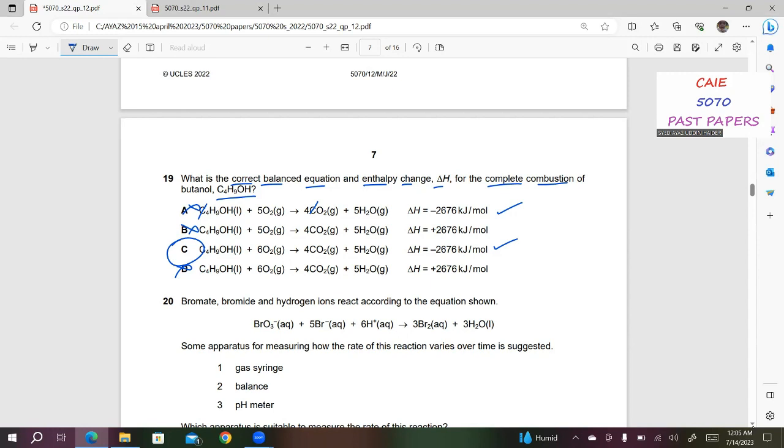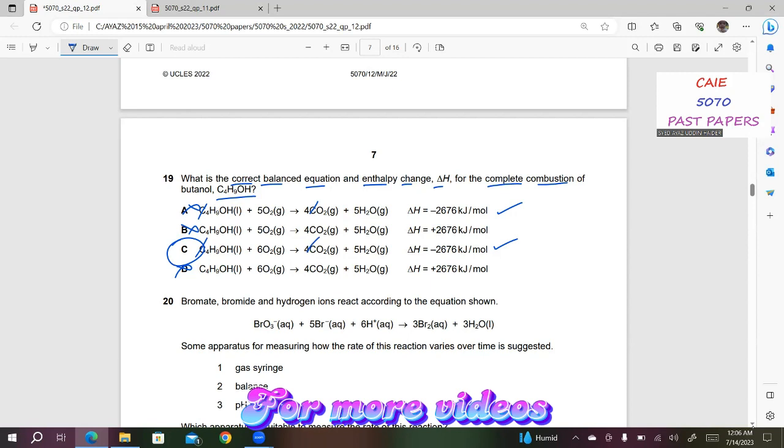C4H9OH plus 6O2 gives 4CO2 plus 5H2O. Delta H is minus 2676 kilojoule per mole. For your convenience, I am counting the atoms on each side of the equation. There are 4 atoms of carbon on the reactant side and 4 atoms of carbon on the product side. So carbon is balanced.